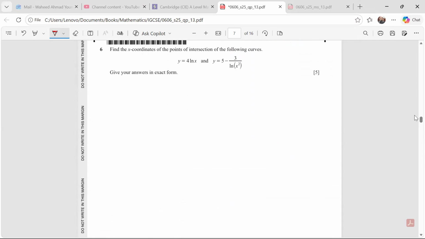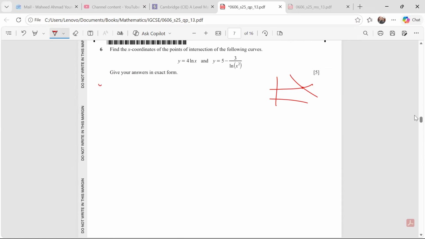Now we will move on to question number 6: find the x coordinates of the point of intersection of these two curves. If I have two curves intersecting at this point, the value of y on both curves is the same, so I can equate them.